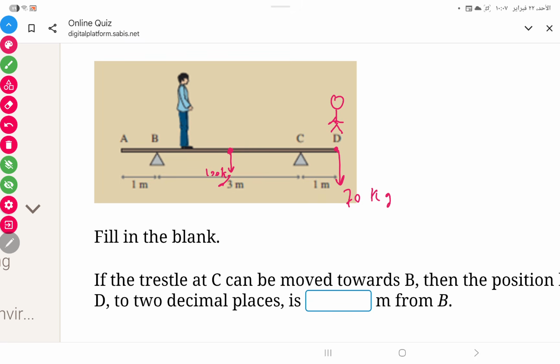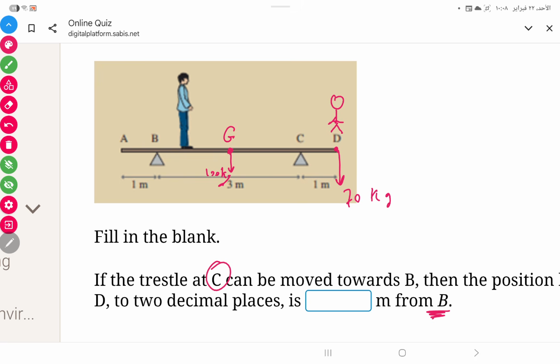Okay, now in order to find the distance from C to B, that's the requirement in the question, let's find the position between the center of gravity and C.